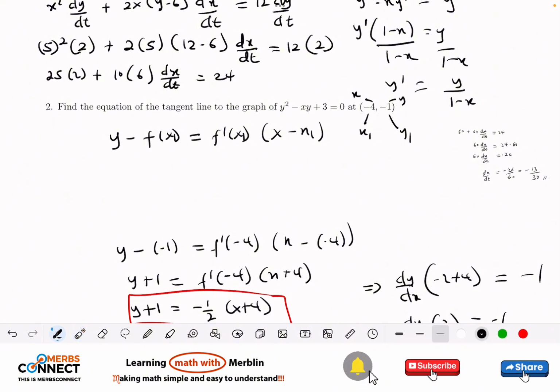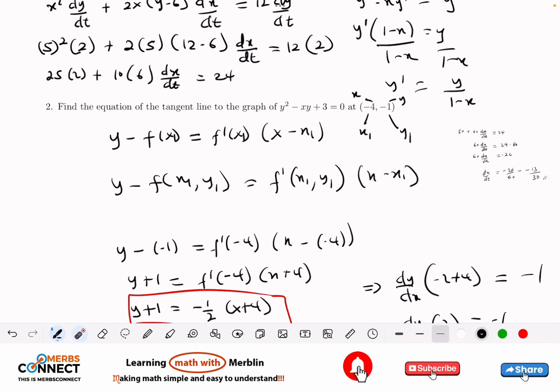So instead, now with the implicit, y minus y1 is equal to f prime of x1, y1, then x minus x1. Do you get it? The idea is that you see here, if I want to find for this one, it should be only x1.